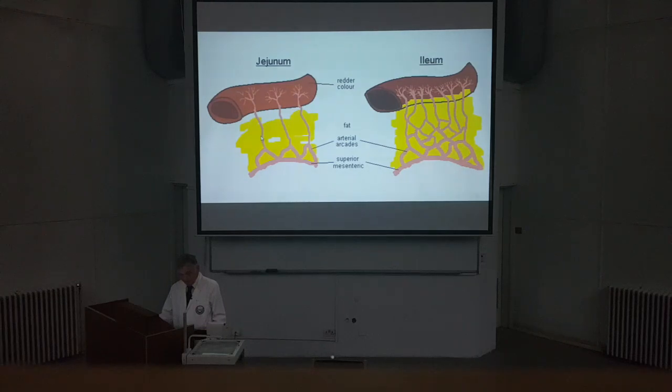So if you cut this one, or this one is blocked, then this area of the jejunum is going to be infarcted. The stomach does not get infarction because there is anastomosis.